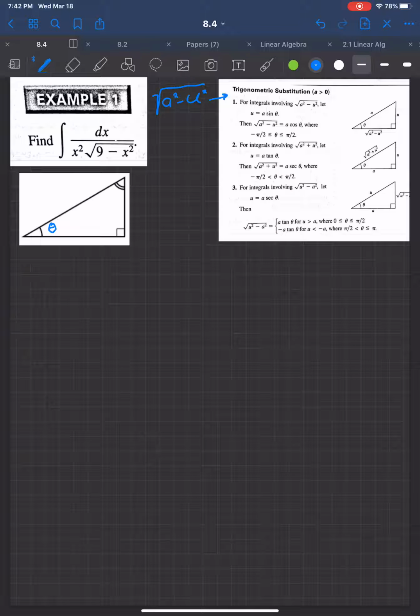This is going to be our angle of reference, theta. Sine of theta is going to be your opposite over your hypotenuse. And what I should be missing here: I should have my opposite side and my hypotenuse side. What I should be missing is that last leg, the adjacent.